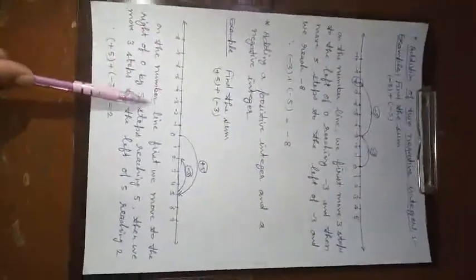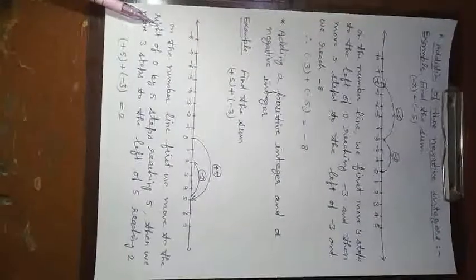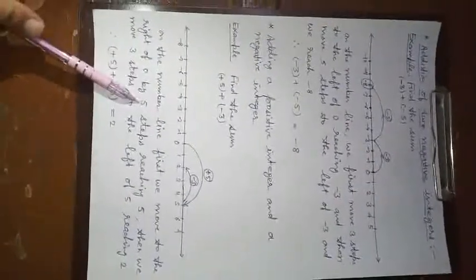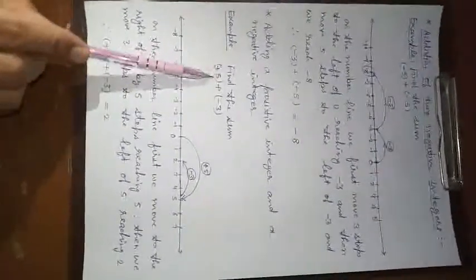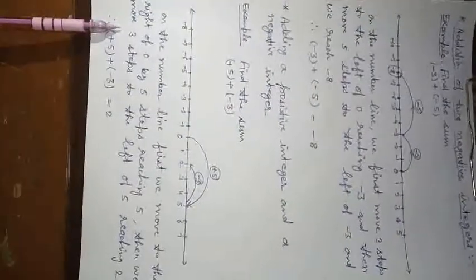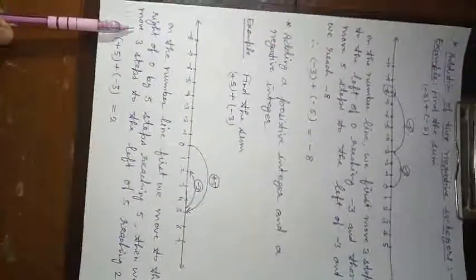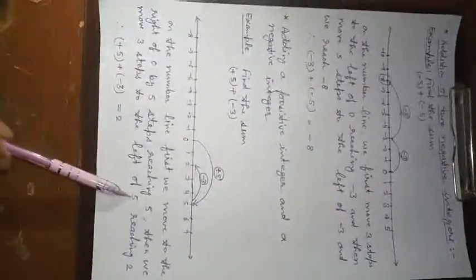On the number line, first we move to the right of 0 by 5 steps. This is plus 5. So we move 5 steps to the right of 0. We reach 5. Then we move 3 steps to the left of 5, reaching 2.